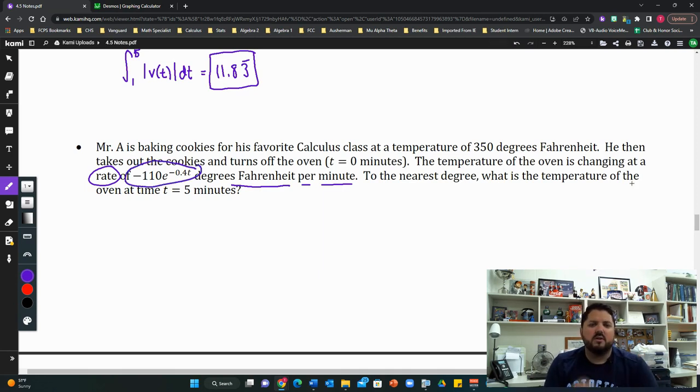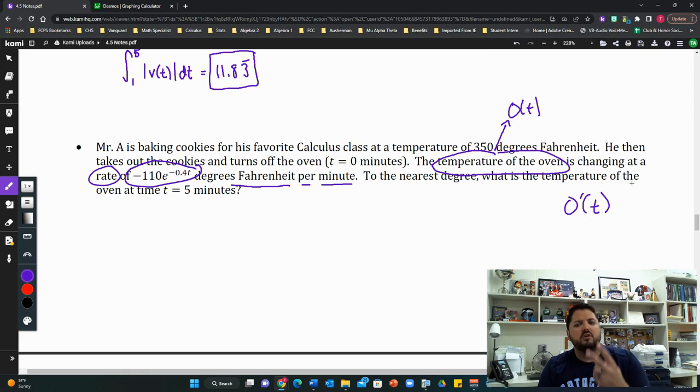Whatever you want to call it, just because we're using t as our input, let's call it O. So if O represents the temperature of the oven, then its derivative, O prime, will be the rate of change of the oven's temperature at time t. So what we want to know is, to the nearest degree, what is the temperature of the oven at t equals 5 minutes? So essentially, after 5 minutes have passed, what is now the temperature?